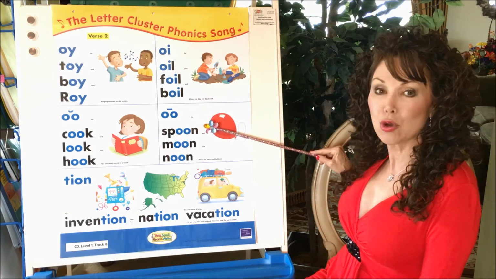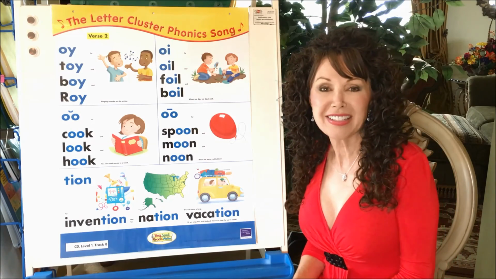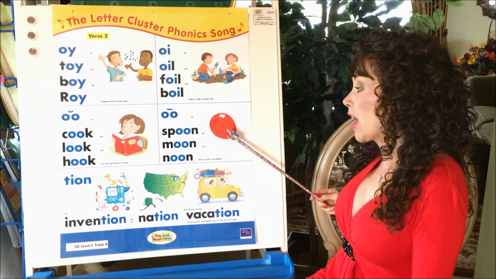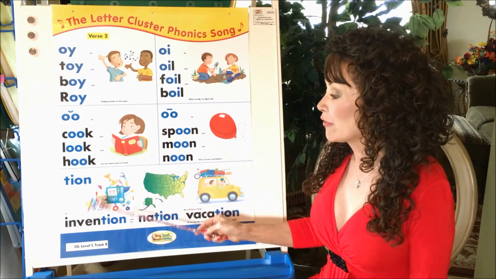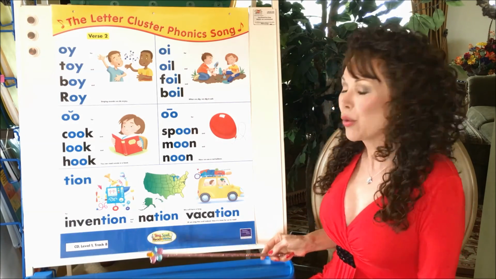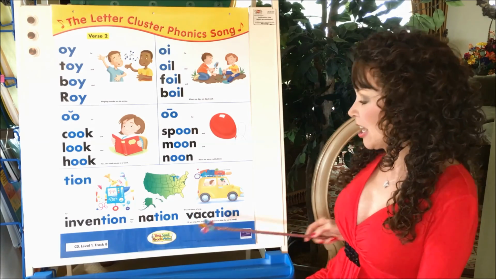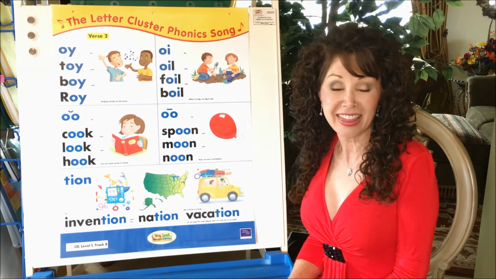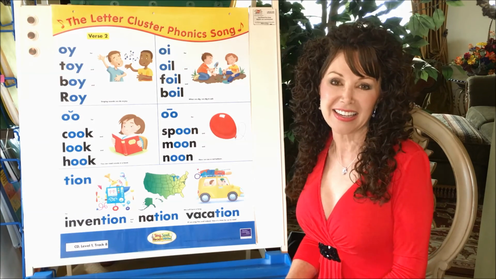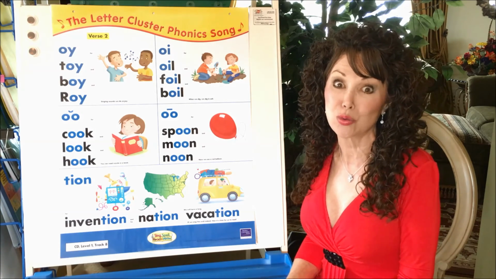Oo for spoon and moon and noon, now we see a red balloon. Shun for invention and for nation, we will have a long vacation. If we sing this well indeed, then it's time for us to read.